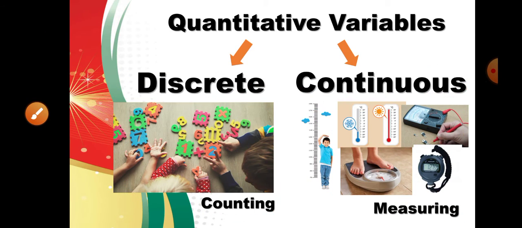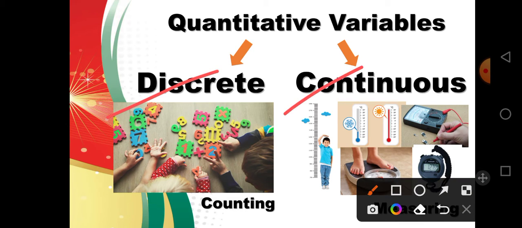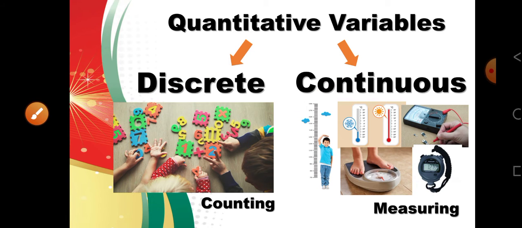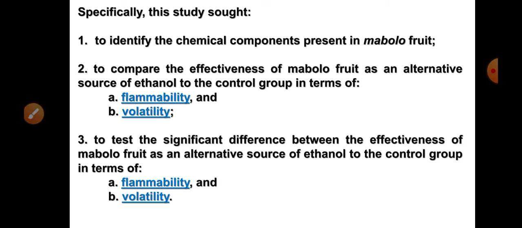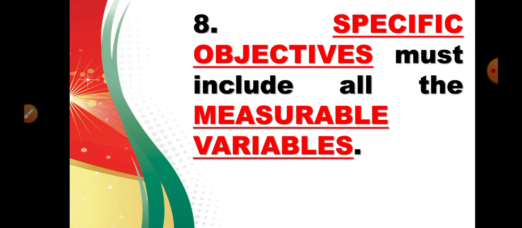And remember, class, that the variables present in the specific objectives can either be discrete or continuous as long as it is a measurable variable. And just like we mentioned earlier, over and over again, the measurable variables must appear in your specific objectives. The specific objectives must include all the measurable variables, and that will serve as our eighth guideline.